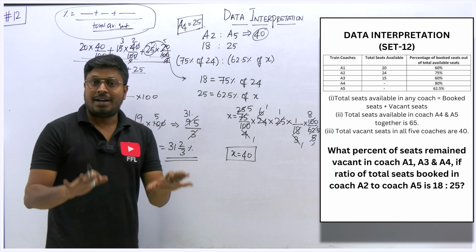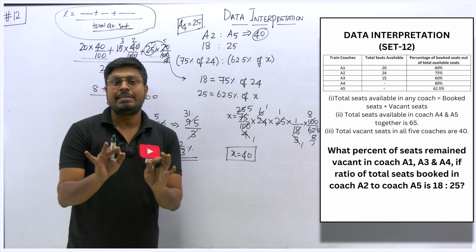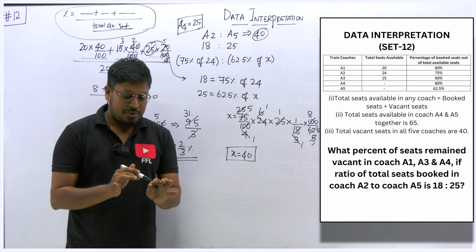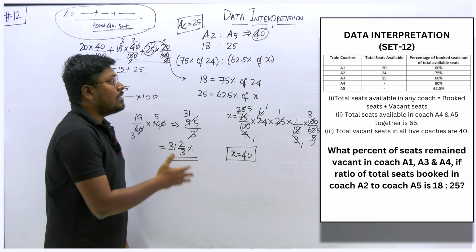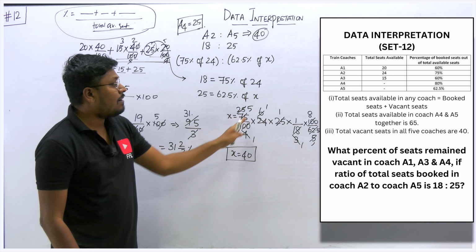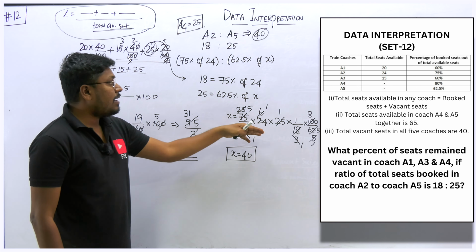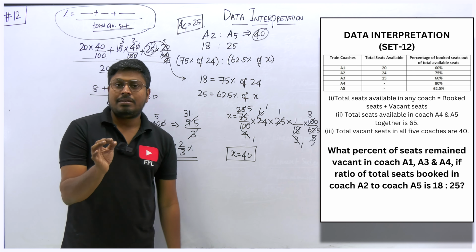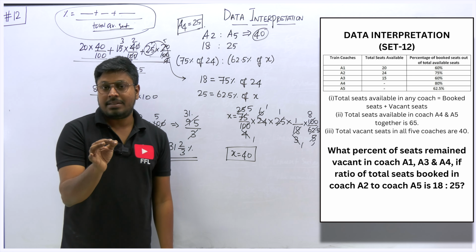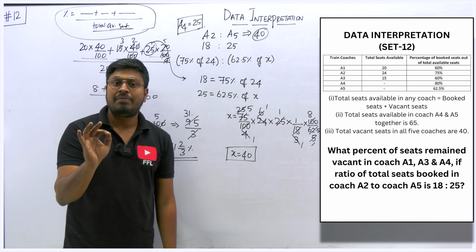So again I am saying, only the basic concept I have used here. Nothing new, no technique, I didn't use any shortcuts. Basic calculation also, right? I didn't do any huge cancellation or multiplying. The only thing is, if you are strong on the basics, you can crack all the tough level DA.